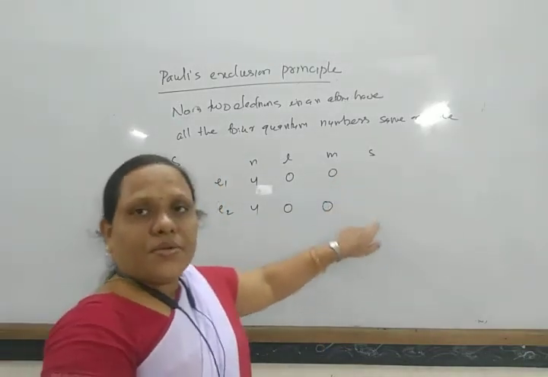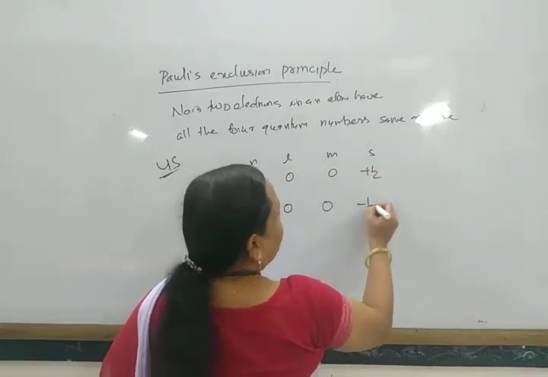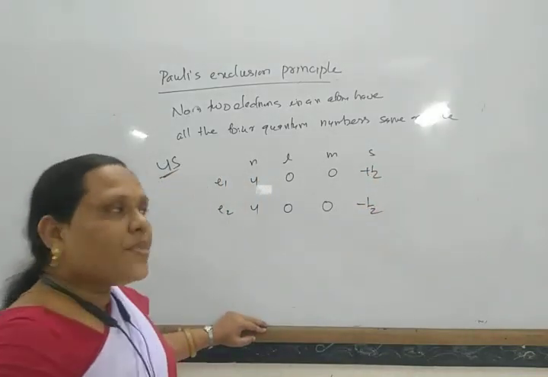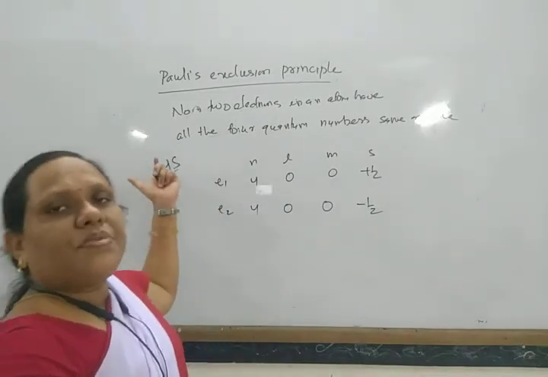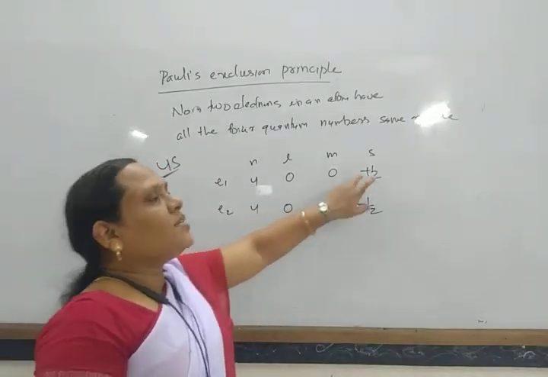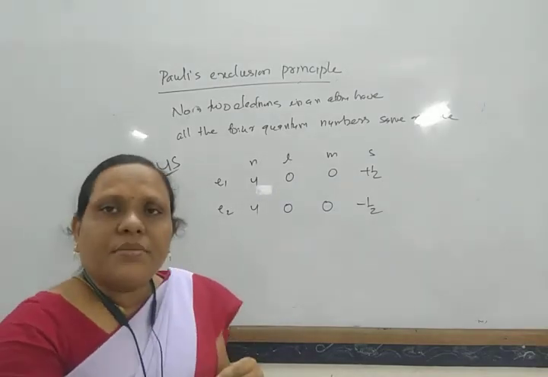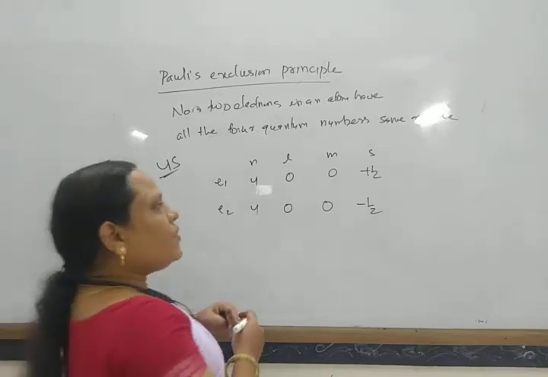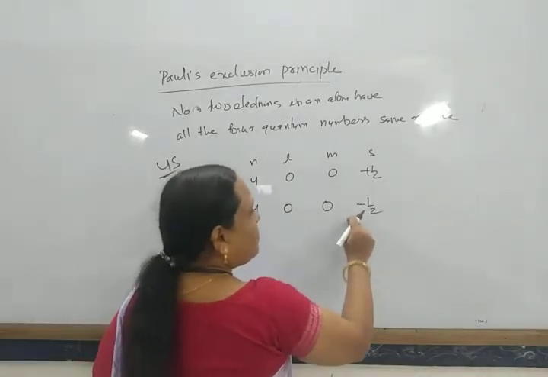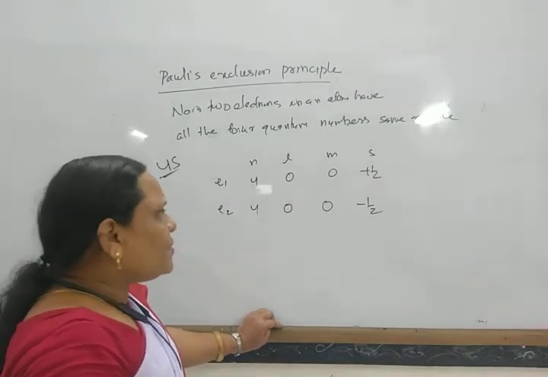But if there are two electrons, one must have plus spin and the other minus spin.